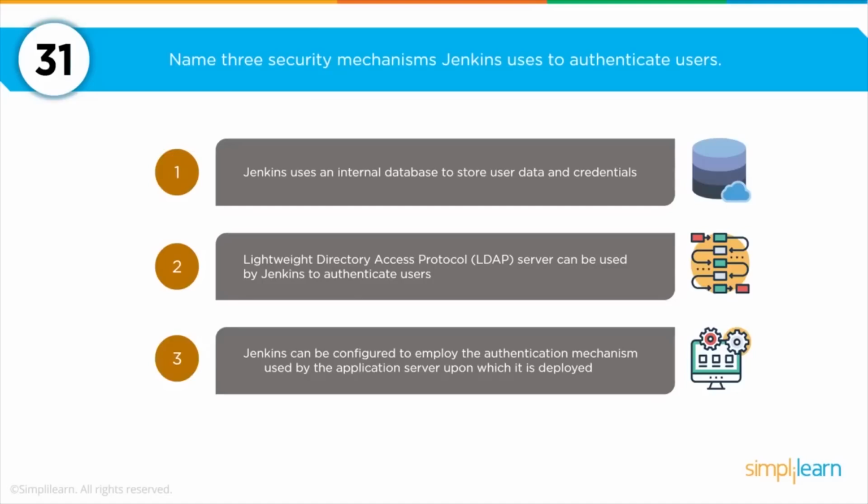When you are asked about security within Jenkins, the three responses you want to provide are: A, Jenkins has its own internal database that uses secured user data and user credentials. B, you can use an LDAP, or Lightweight Directory Access Protocol, server to authenticate Jenkins users. Or C, you can configure Jenkins to authenticate by using something such as OAuth, which is a more modern method of authenticating users.